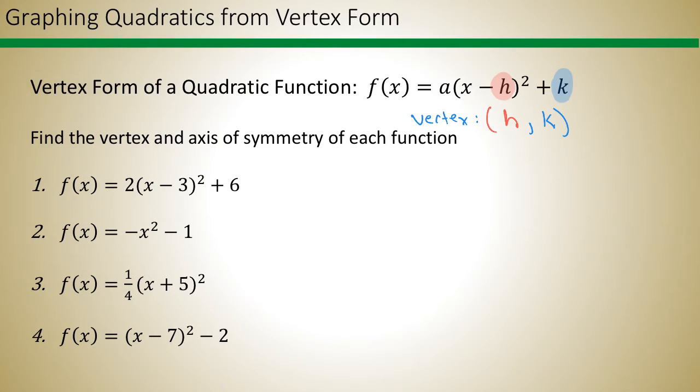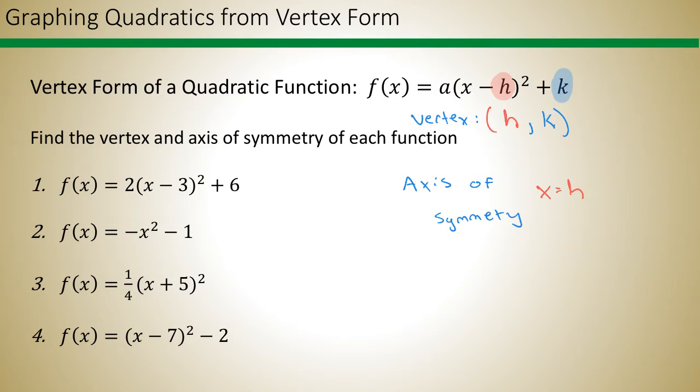Okay. And then our axis of symmetry will just be X is equal to H. Whatever the X value of our vertex is, that's where the axis of symmetry is going to be.